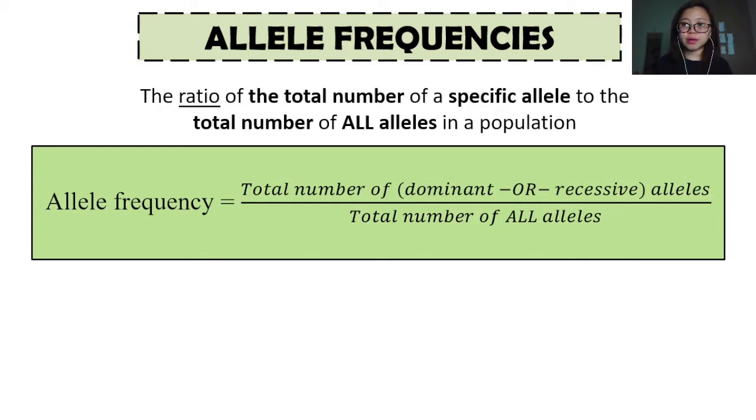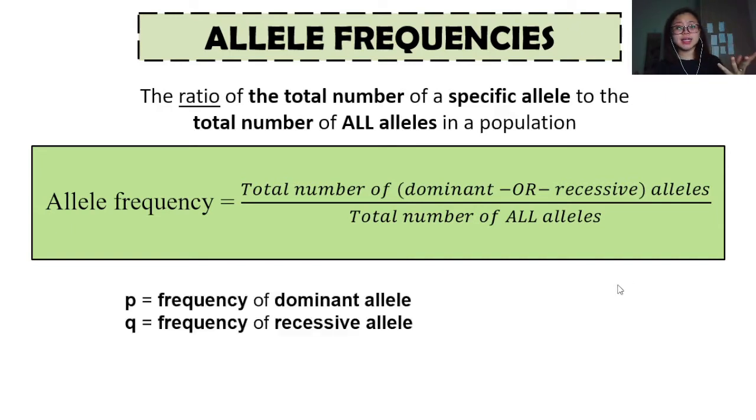Selalu kita kasih ringkaskan dia kepada P, mewakili frequency of dominant allele. Usually we use P to represent frequency of dominant allele and Q to represent frequency of recessive allele.